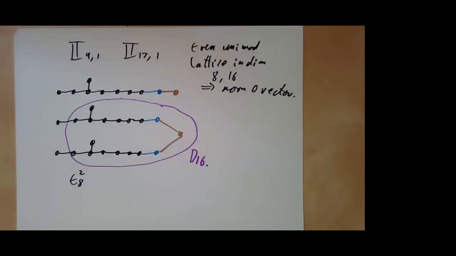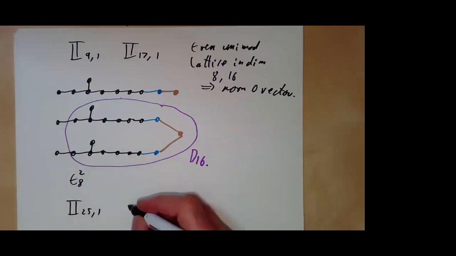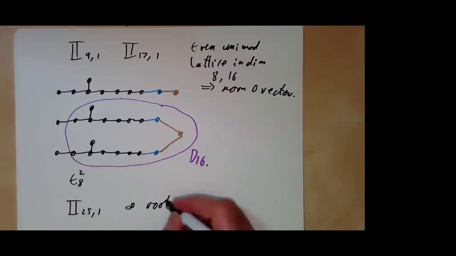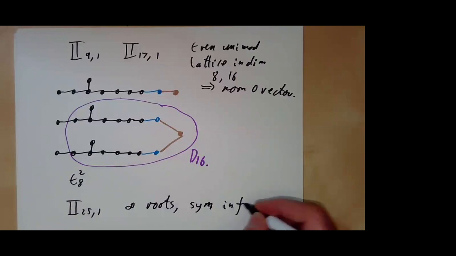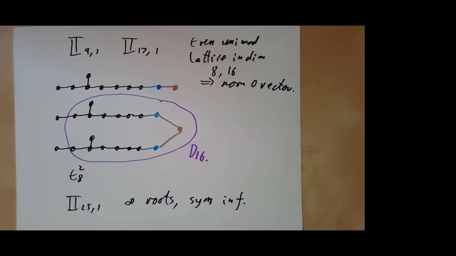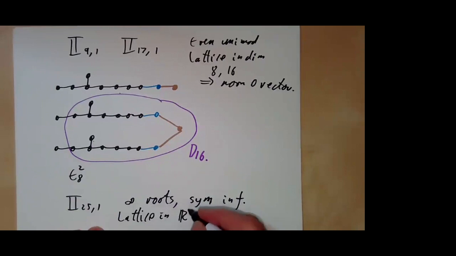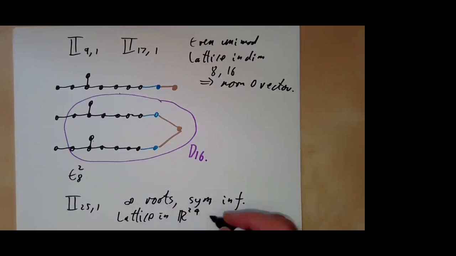And again, if you look at II25,1, then there are an infinite number of roots, and the symmetry group is infinite for much the same reason we had for the odd unimodular lattice. So the point is that there's a lattice in R24 with root system of rank less than 24.